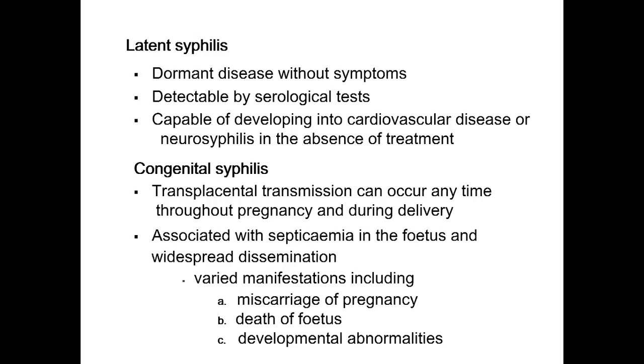And the fetus being small, there is a widespread dissemination, and there are varied manifestations. It depends on how old the pregnancy is. It can cause a miscarriage. It can be a cause of death of the fetus, or of a baby that is born dead. And it can also be a cause of congenital abnormalities.